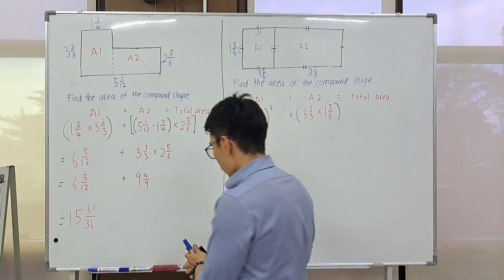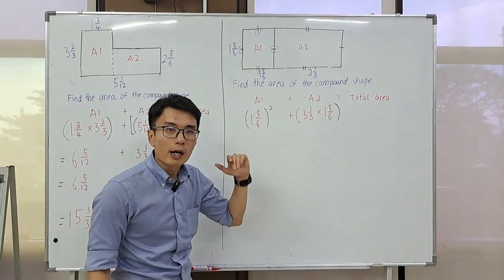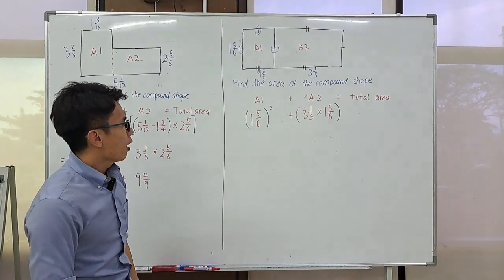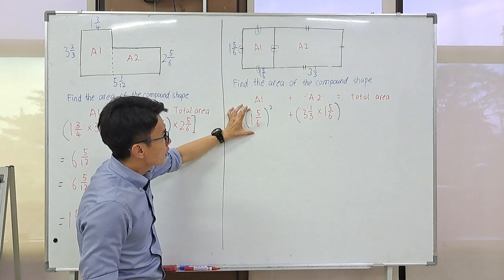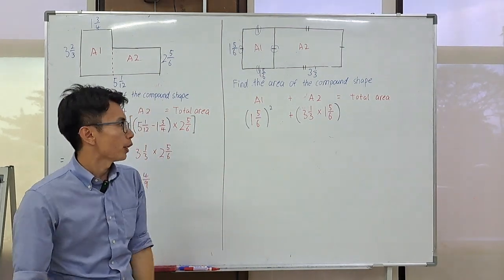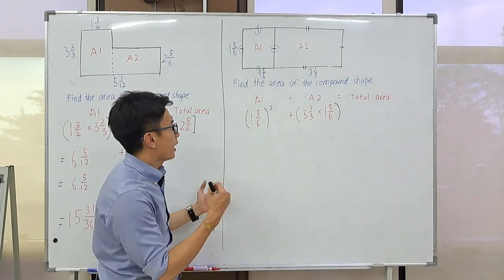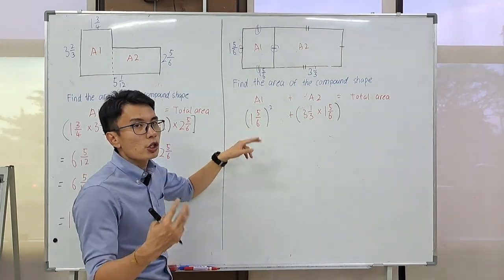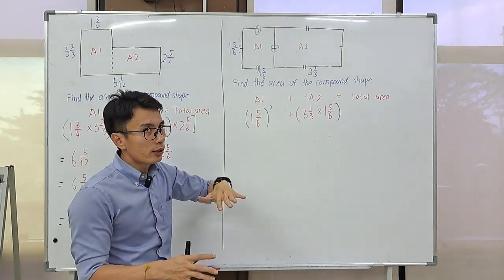Of course, the next thing, we can just use our calculator to work out, and then we are done. But I'm going to show you, if you are interested to expand this fraction without a calculator, how you do it. Whenever we are dealing with fractions, it is better that if we have a mixed number, we change it into an improper fraction first. We deal with numerator and denominator, we are good at that.